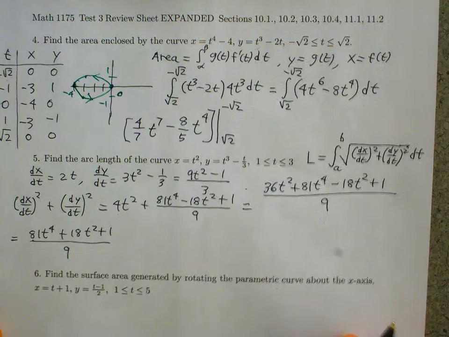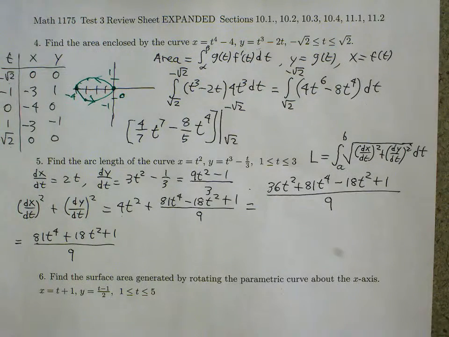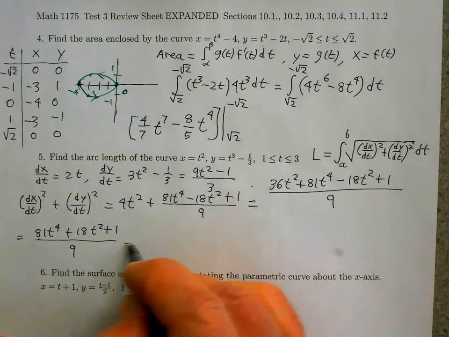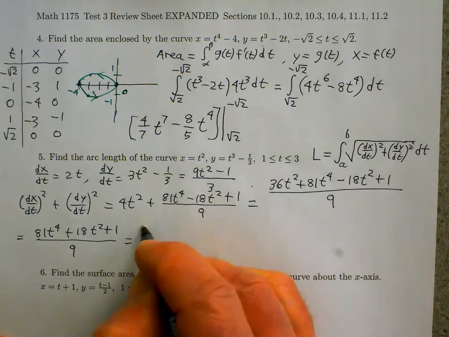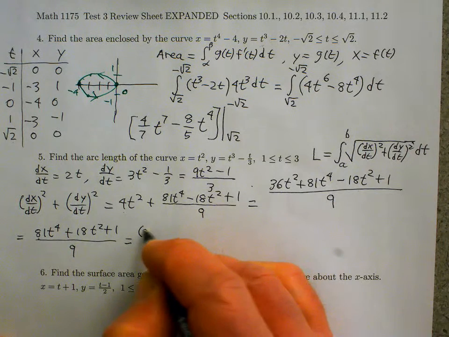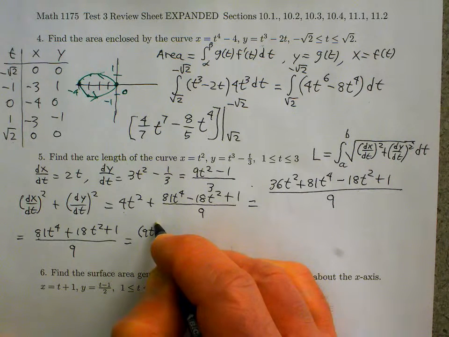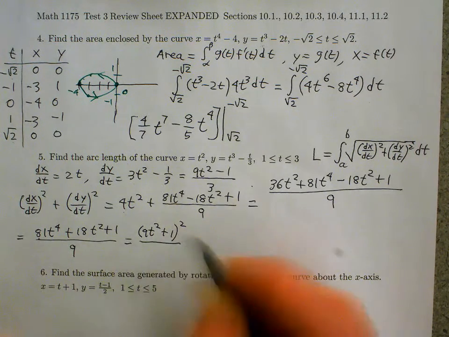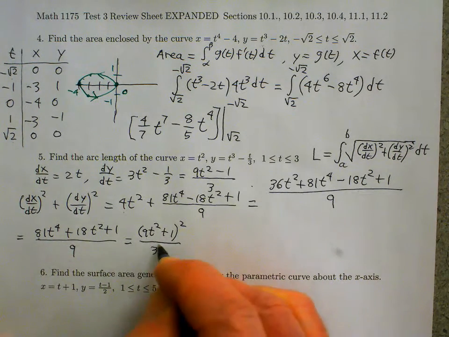And both the numerator and denominator are perfect squares. So that's going to be pretty nice because they're going to go inside of a square root. So let's write the numerator as 9t to the second plus 1 quantity squared over 3 squared.